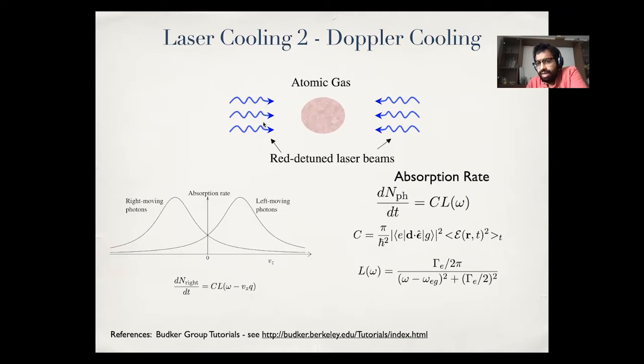Both these frequencies are tuned to be below the atomic frequency, but this will become even lower, right? On the other hand, the left moving photon's frequency will be increased, and because of the Doppler effect, it's more likely to be absorbed, right?